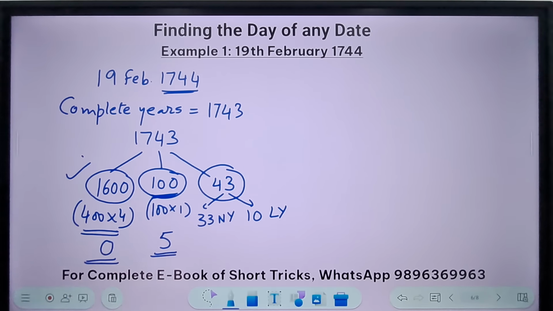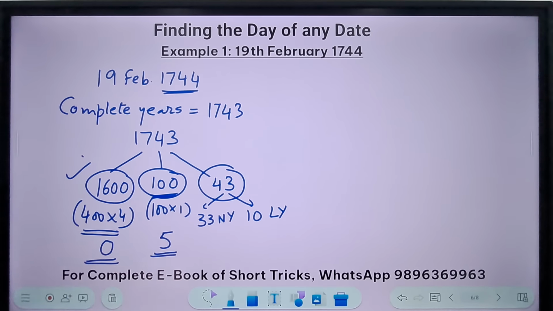Now consider all the total number of odd days which we have calculated: 0 here, 5 here and 53 here. So the total number of odd days which we have calculated in 1743 complete years is 0 plus 5 plus 53. But I told you we can't have odd days which are greater than 7.